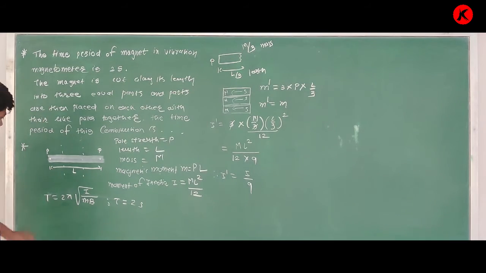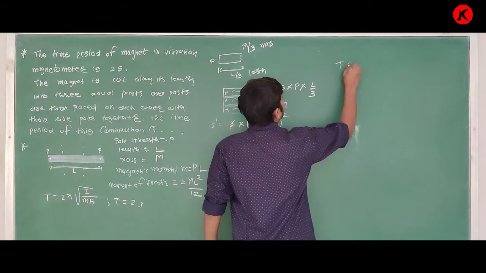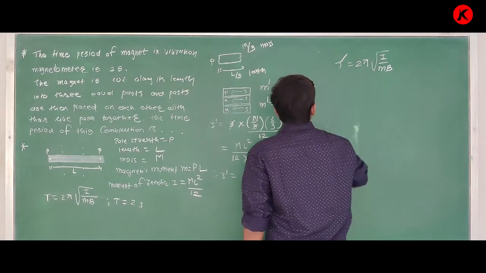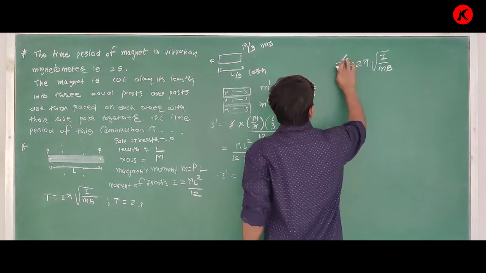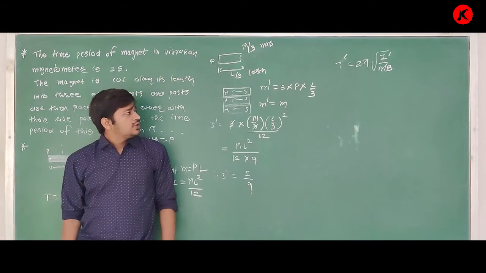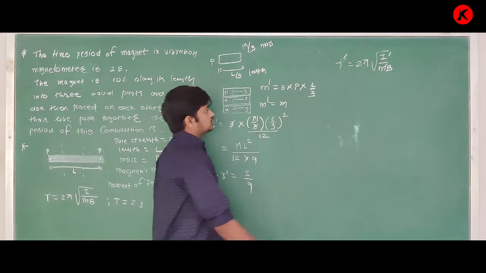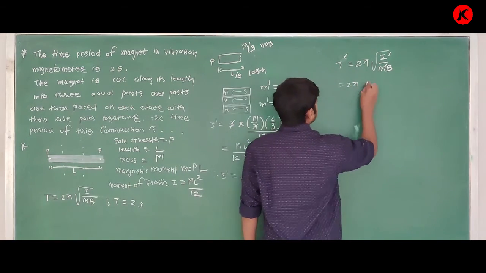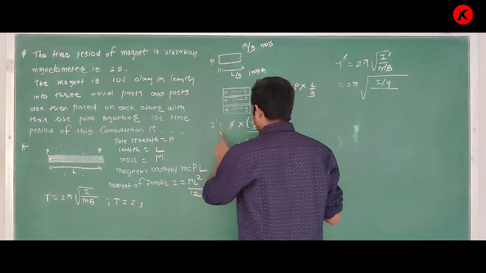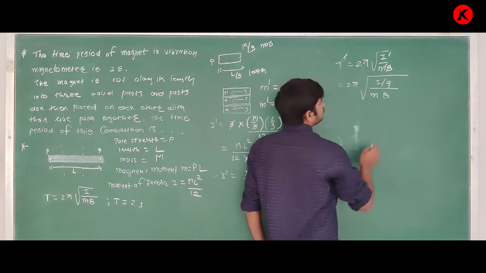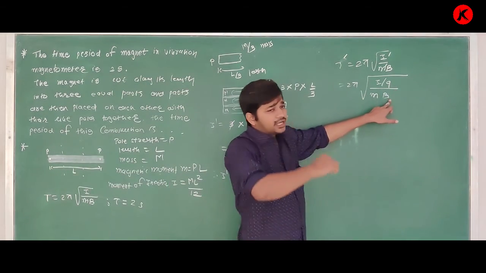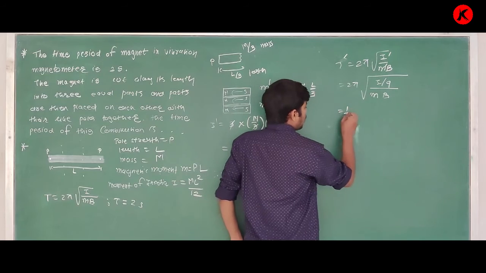Now you know the equation: T is equal to 2 pi under root I upon m B. For the new system, T dash is equal to 2 pi under root I dash upon m dash B, which is equal to 2 pi under root I by 9, m, B. Now see, this 9 you can write in the denominator, and if you take its square root, it is 1 upon 3.